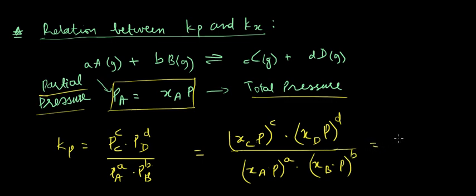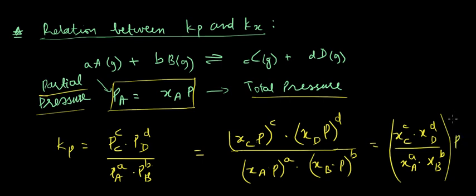Okay, so we can write that this is equal to xC to the power c multiplied by xD to the power d, divided by xA to the power a and xB to the power b, and pressure to the power (c plus d) minus (a plus b).